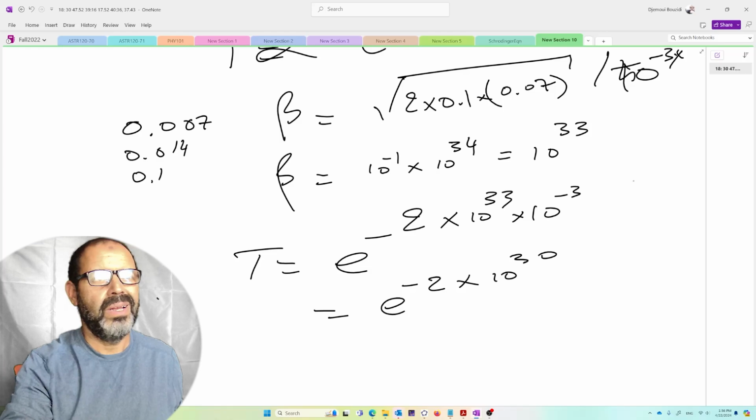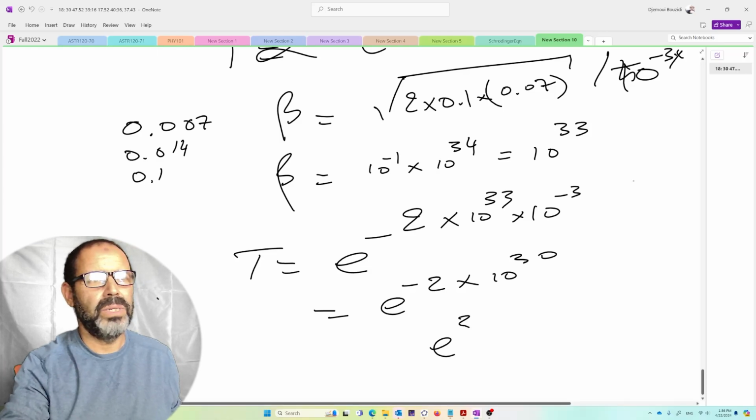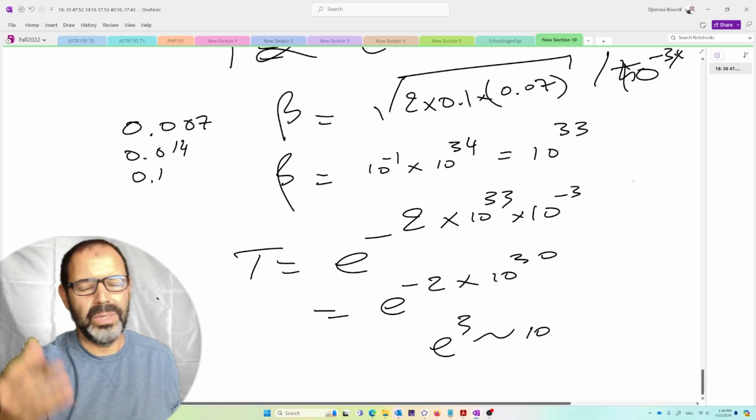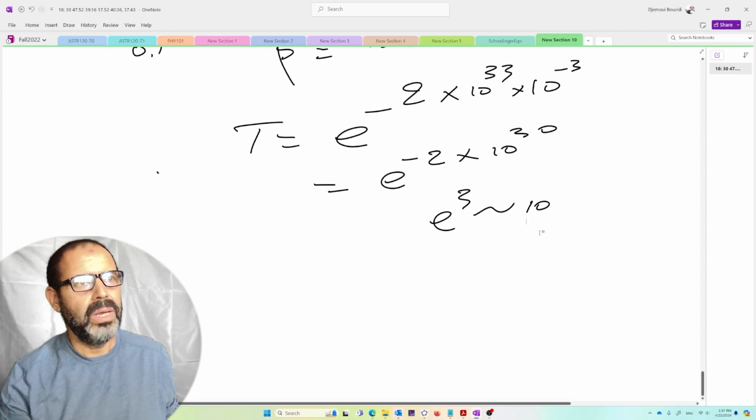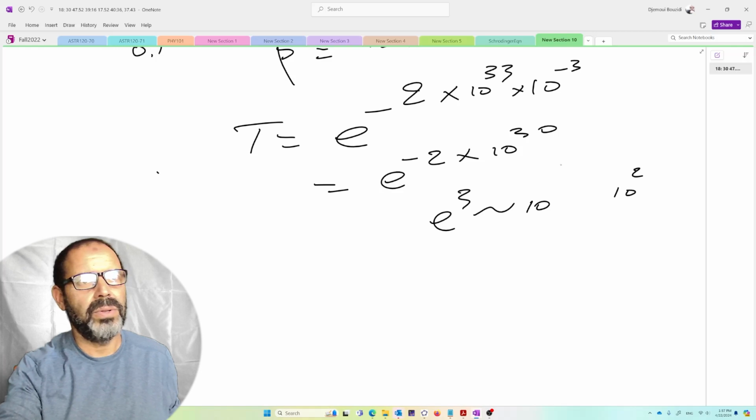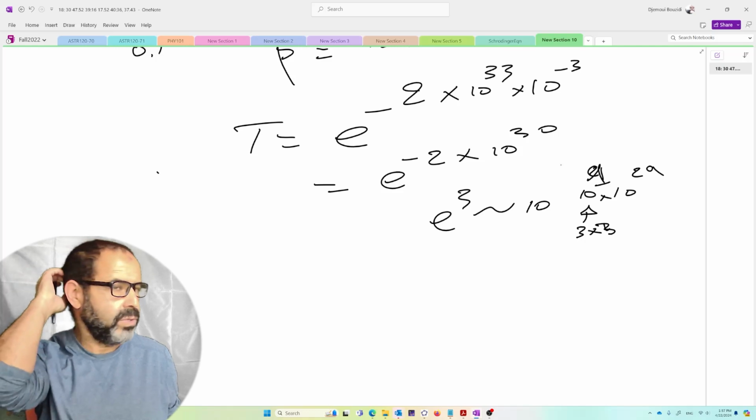Okay. Anyway, so I know e cubed is roughly 10 because e is about 2.71, and I could borrow one of the 10s from the 10 to the power 30 and make it roughly 3 by 3, and use that e cubed to be part of the solution.